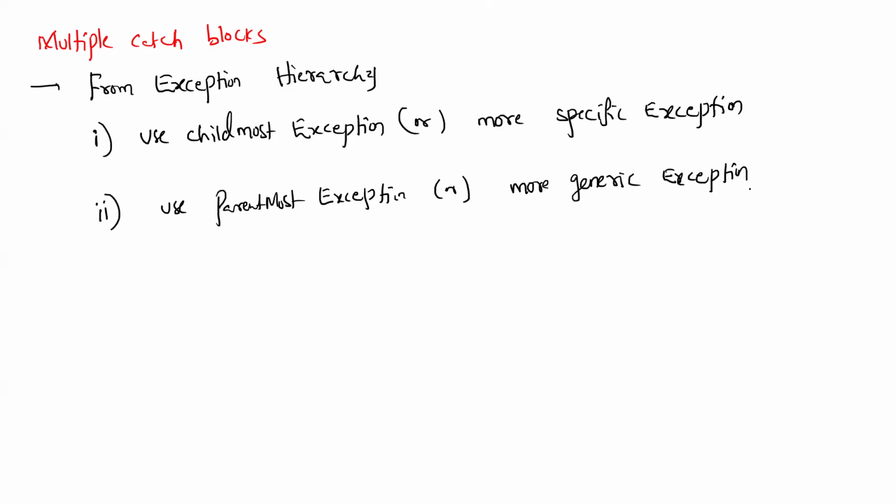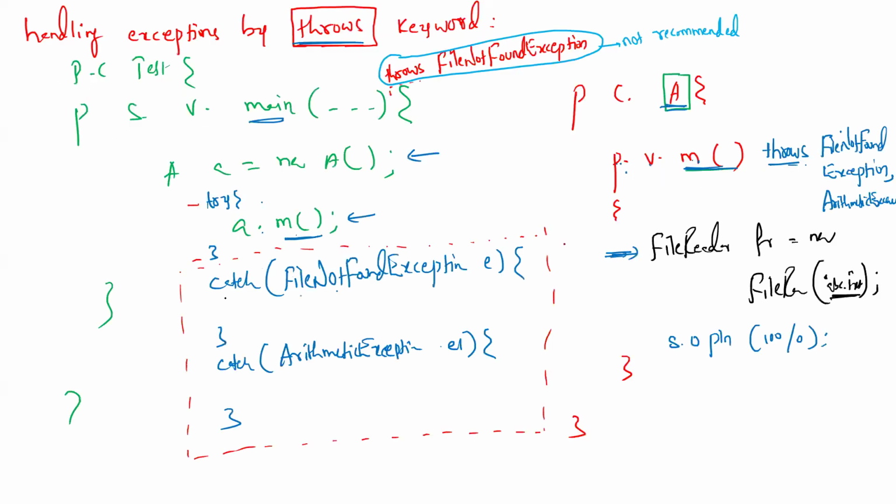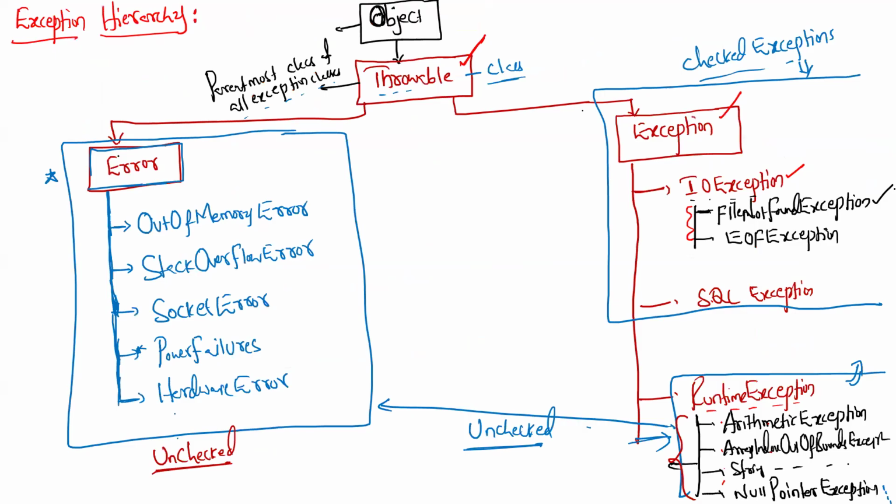Now if I go back to this scenario, who is the parent of FileNotFoundException and ArithmeticException? In the exception hierarchy, which class is the parent of both?